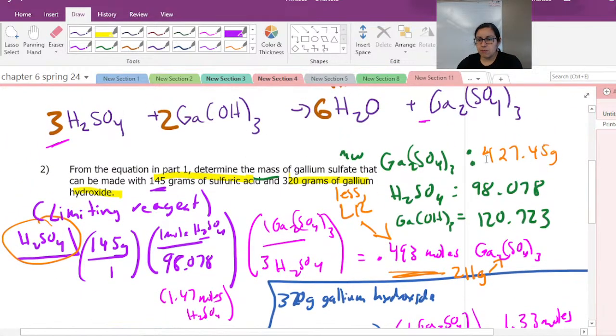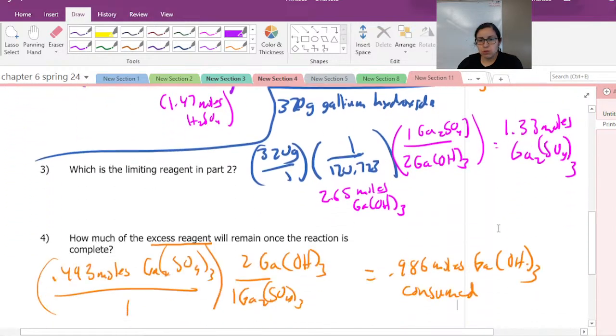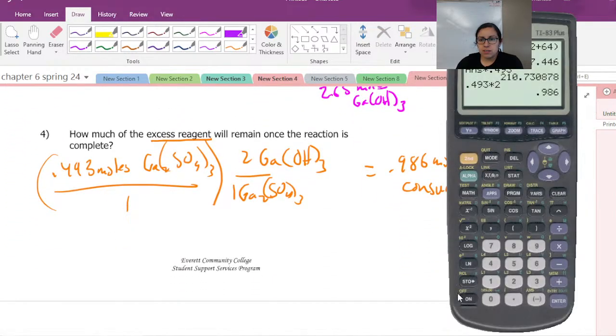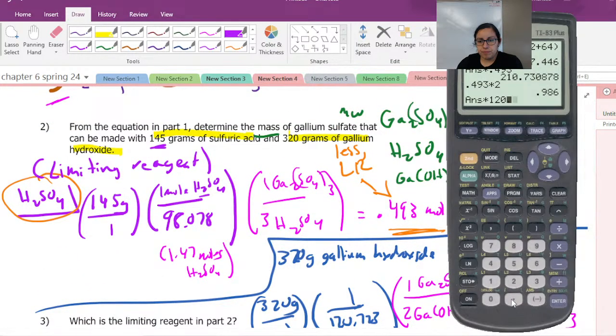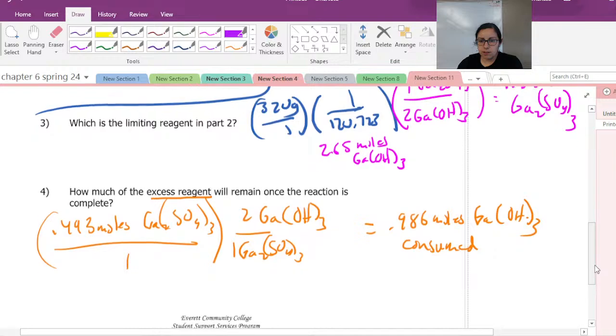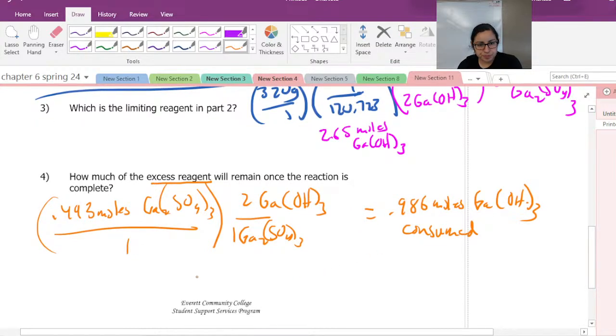And so now we can convert this to mass, right? So we already have the information we need. So we already have it's 120. So now we can just take this, so times our molecular weight of gallium hydroxide. And so that gives us about 119 grams consumed. And so let me just write that out.